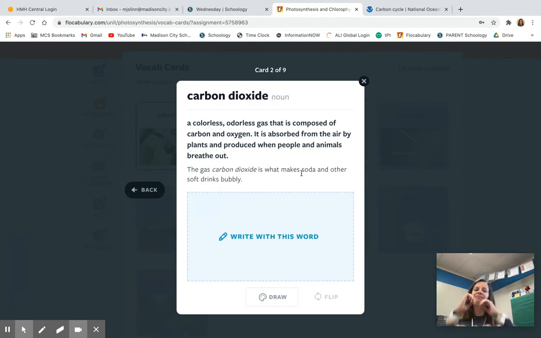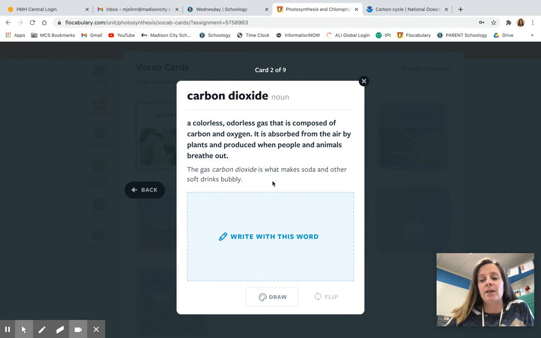Okay. Carbon dioxide is a colorless and odorless gas that is composed of carbon and oxygen. It is absorbed from the air by plants and produced when people and animals breathe out. The gas carbon dioxide is what makes soda and other soft drinks bubbly. So carbon dioxide is critical for plants. They absorb it from the air.